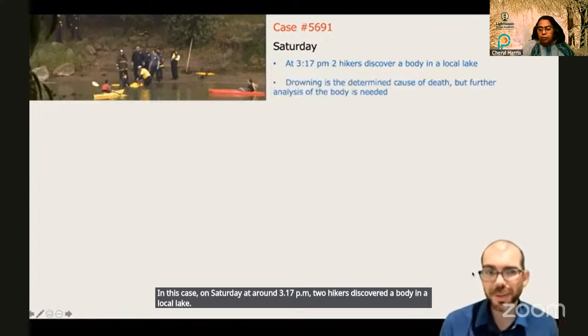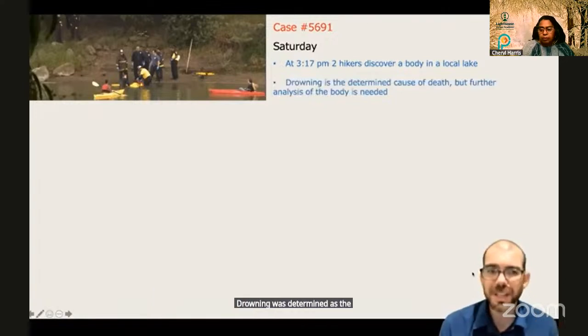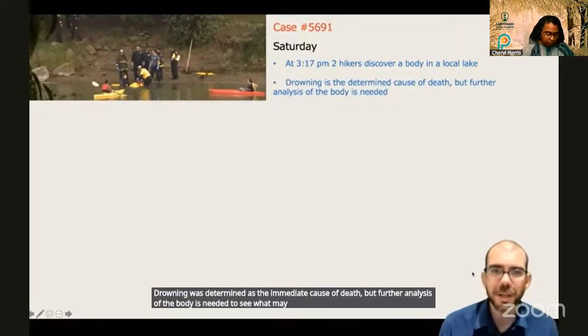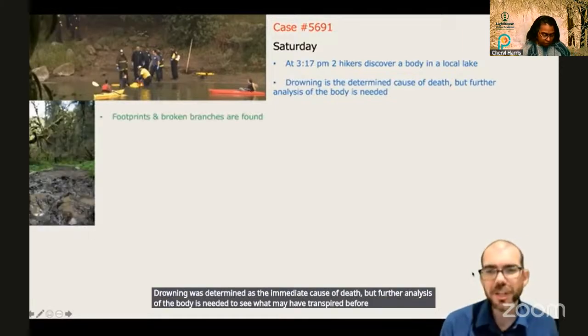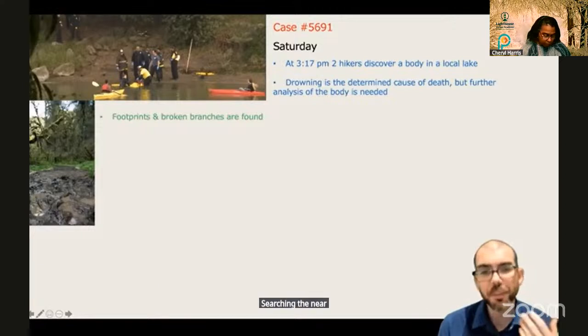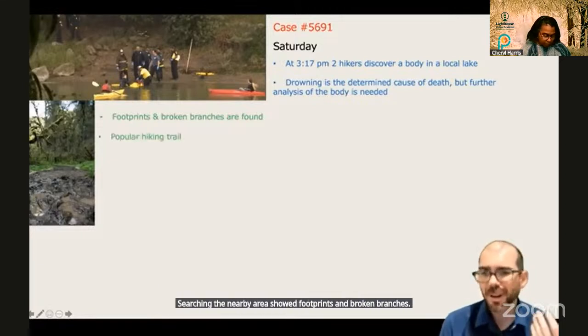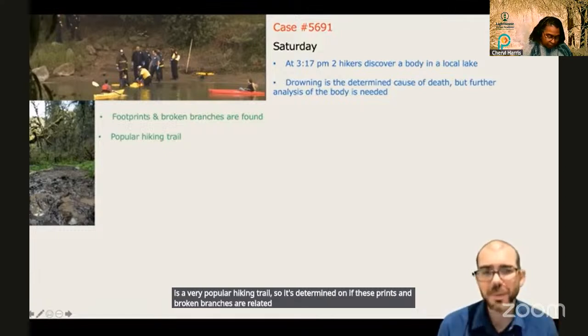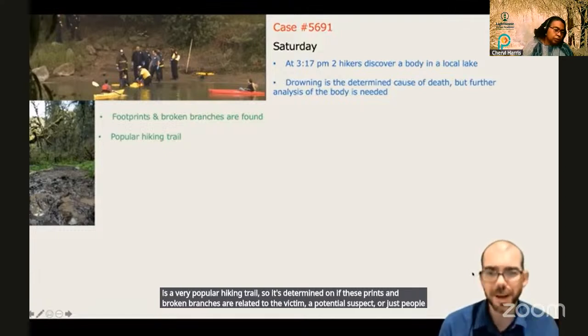Drowning was determined as the immediate cause of death, but further analysis of the body is needed to see what may have transpired before the actual drowning. Searching the nearby area showed footprints and broken branches. However, this is a very popular hiking trail, so it's indeterminate if these prints and broken branches are related to the victim, a potential suspect, or just people hiking on the trail nearby.